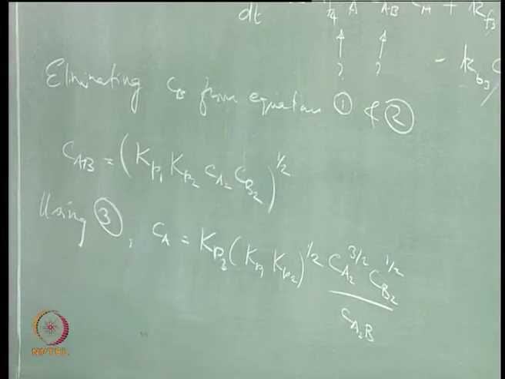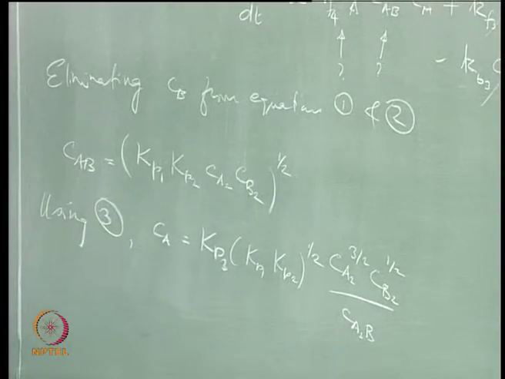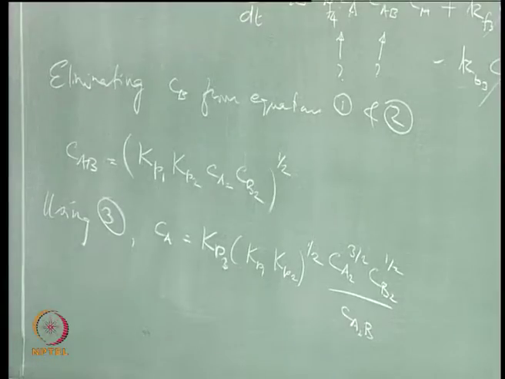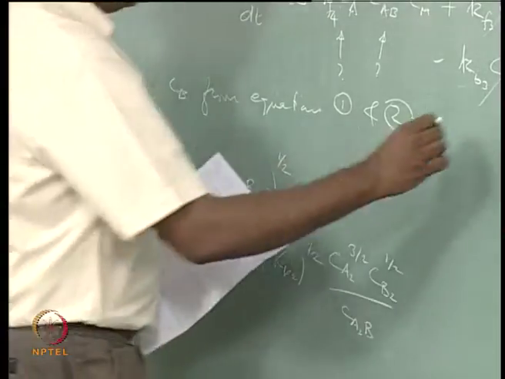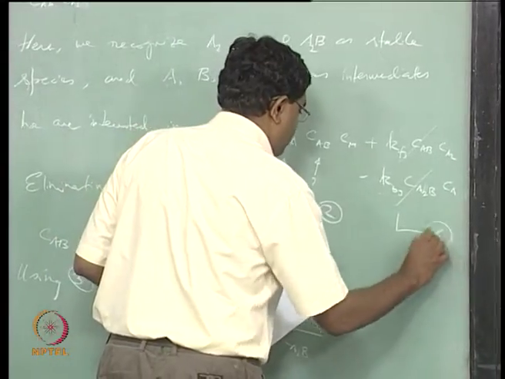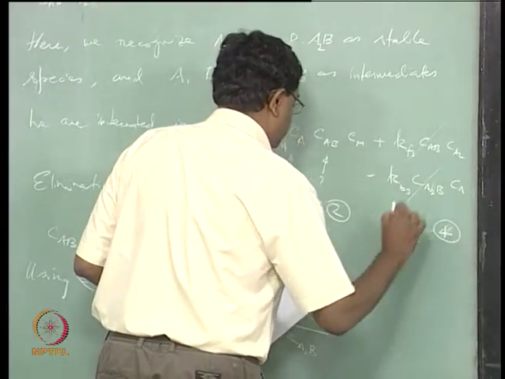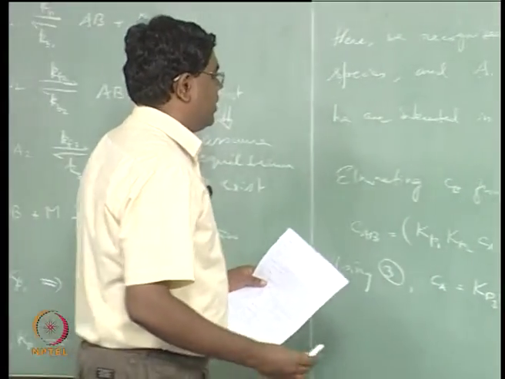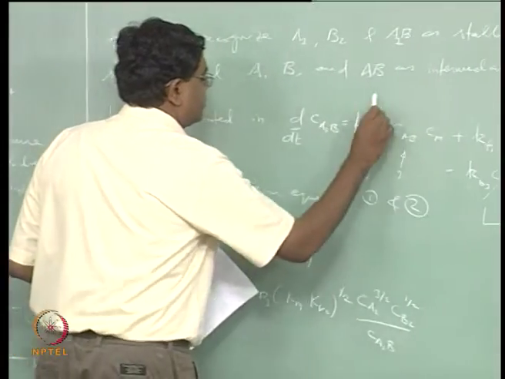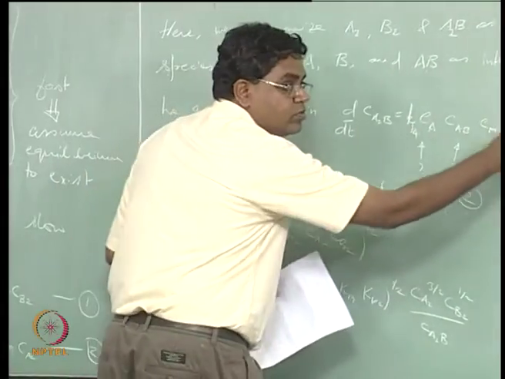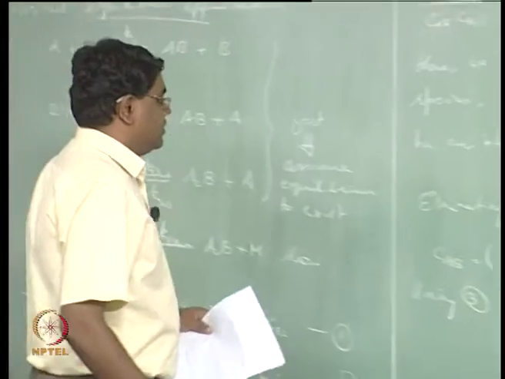Therefore, if you now write this equation as 4, that means we are primarily interested in this expression because those two terms got cancelled.